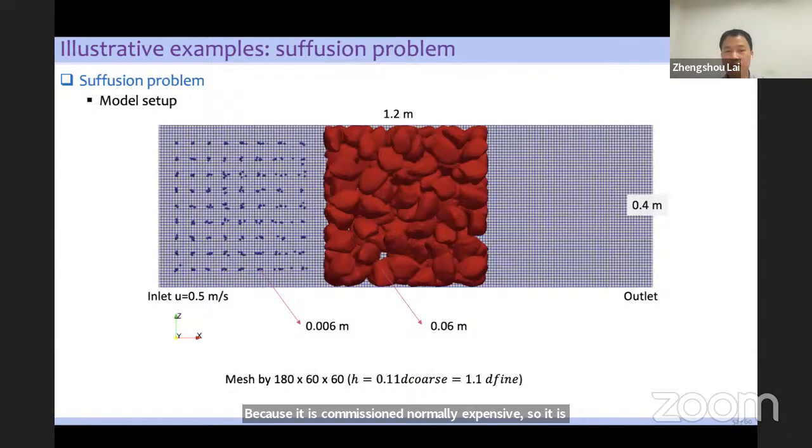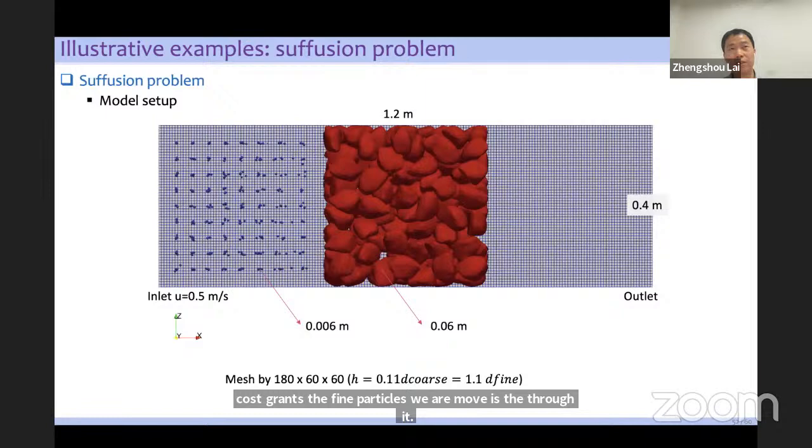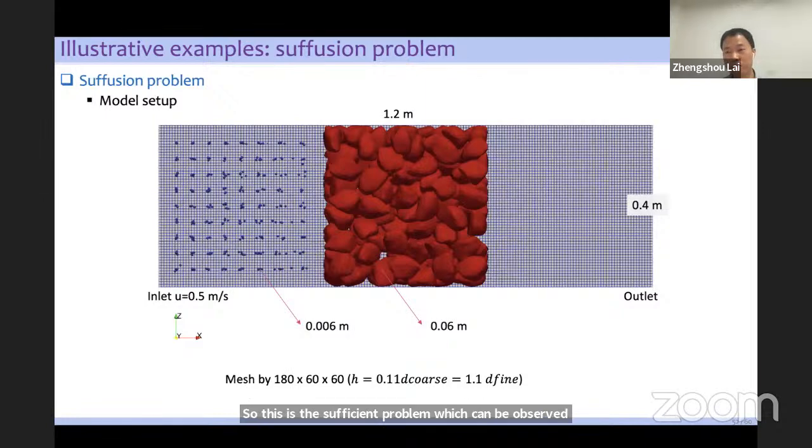In this example, we show that we can combine the unresolved CFD-DEM with the resolved one to model the case with gap-graded particles. In the suffusion problem, we have a skeleton of coarse grains and some fine particles. As the fluid flows through the skeleton of the coarse grains, the fine particles will move with the fluid. This problem can be observed in coastal erosion.